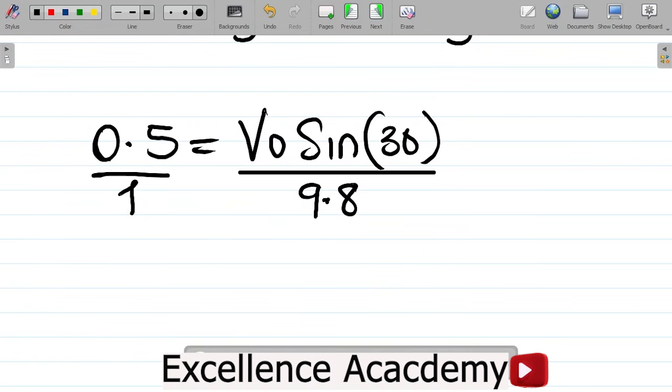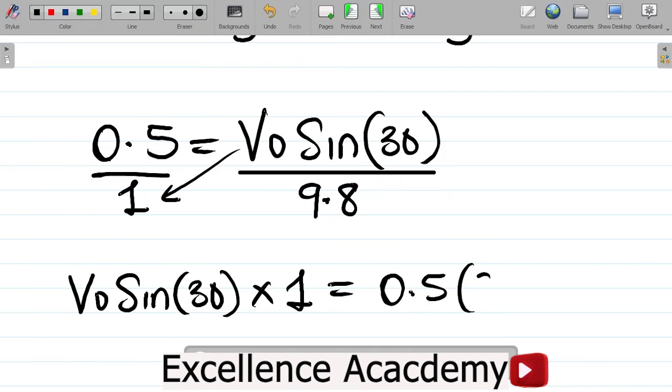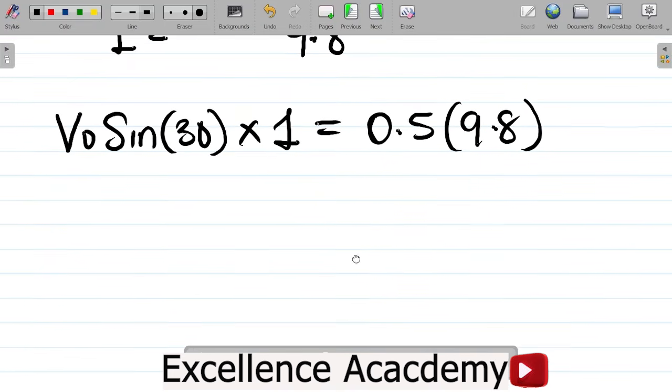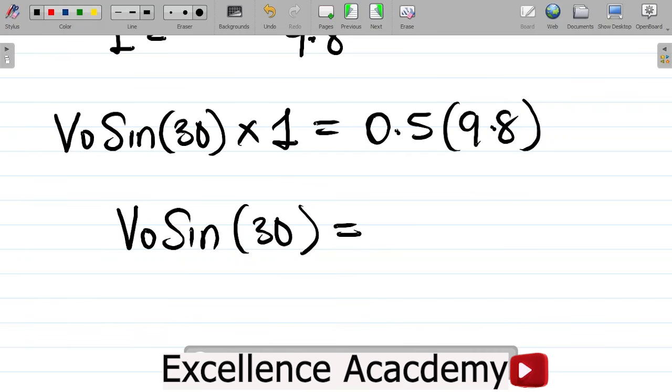This is over 1, obviously. So cross multiplying, you have V naught sine 30 times 1 equal to 0.5 times 9.8. V naught sine 30 is equal to 0.5 times 9.8.